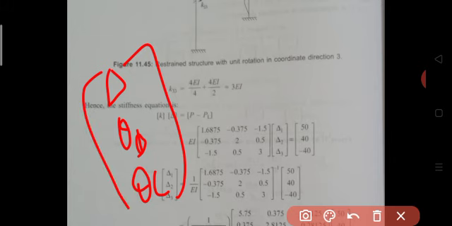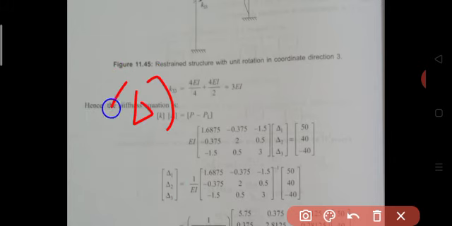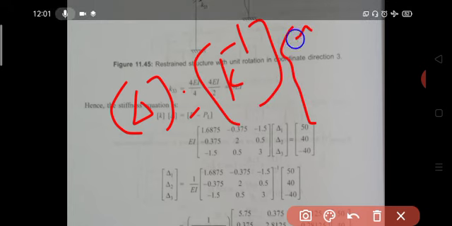Then finally we need to determine the displacements. What are our displacements? One is delta, another is rotation B, and another is rotation C. The displacement matrix is equal to the stiffness inverse times the final force matrix minus the force in the restrained structure matrix.